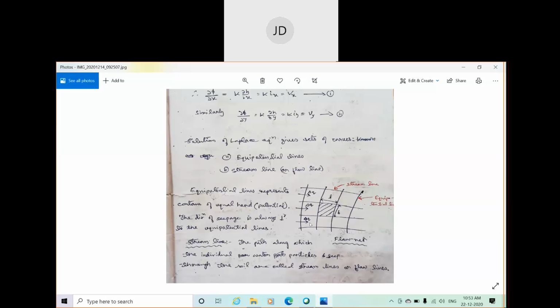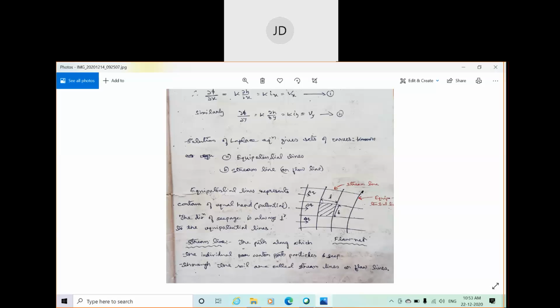I again want to tell you that this is an imaginary line, which can be drawn within a structure, say for example within a dam, to study the seepage of water.